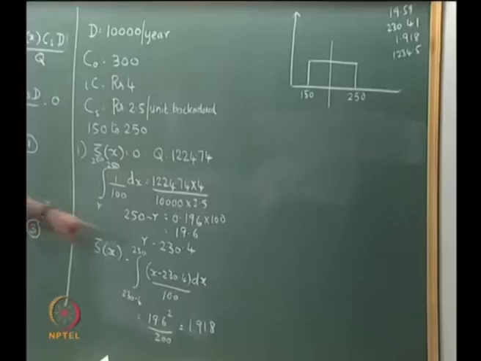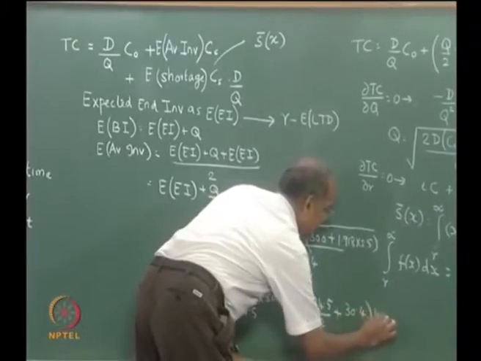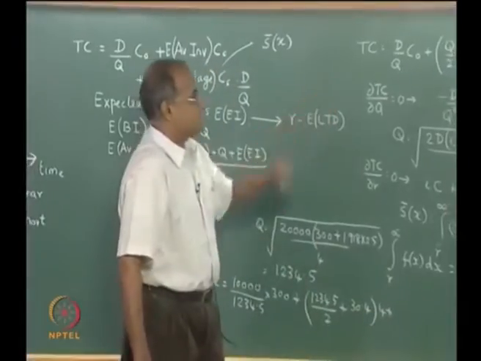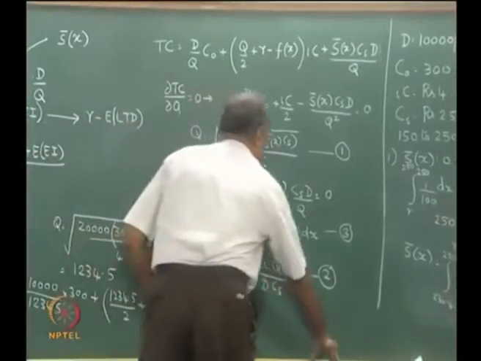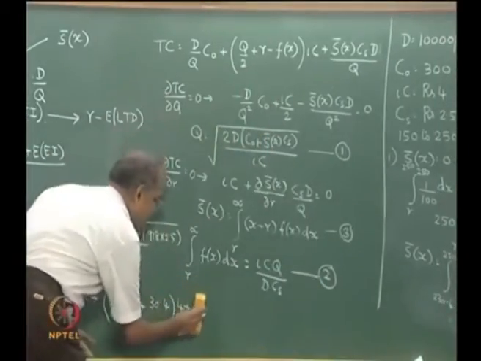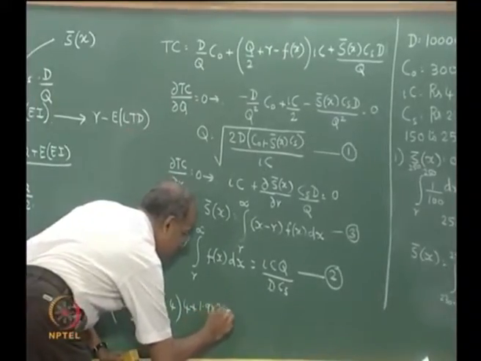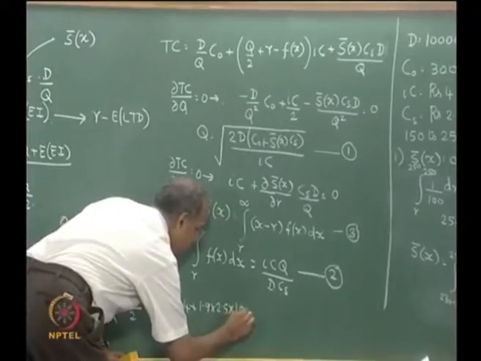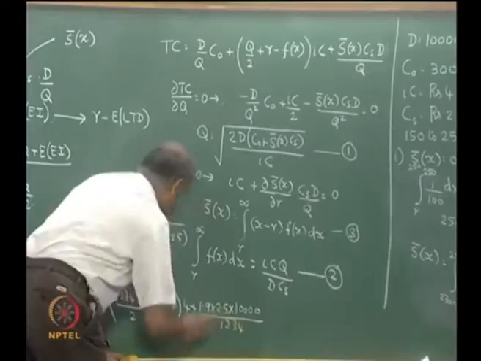Let us say R is 230.4 and expected value is 200, so plus 30.4 into Cc 4, plus S bar of x, let us say is 1.918, which is say 1.9, into Cs into D, which is 1.9 into 2.5 into 10,000 divided by 1234.5.